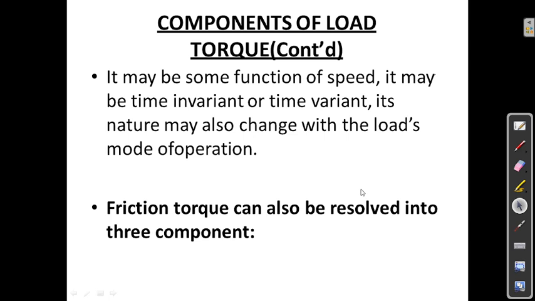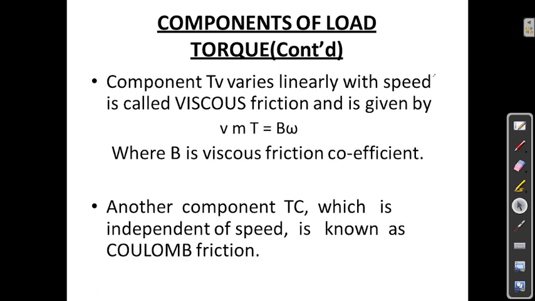Likewise, the friction torque can be resolved into the three components we have seen already. One is viscous torque. This viscous torque depends upon the component TV, which is linear: TV equal to B omega. Omega here is the speed, where B is the viscous friction coefficient. Then the other component TC is independent of speed.